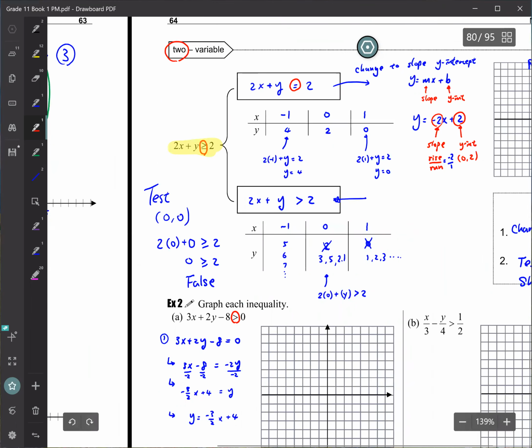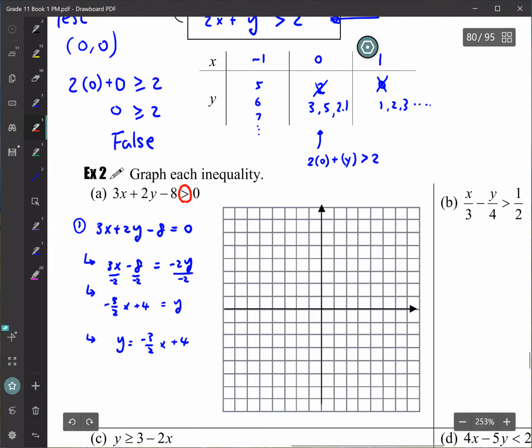So if this one doesn't have equal, then your straight line, you need to show it by a dashed line or dotted line. So that means it's like an invisible line that's dividing the whole grid into two parts. So we still do the same thing. We need to get the y-intercept here. Harry, what's the y-intercept?